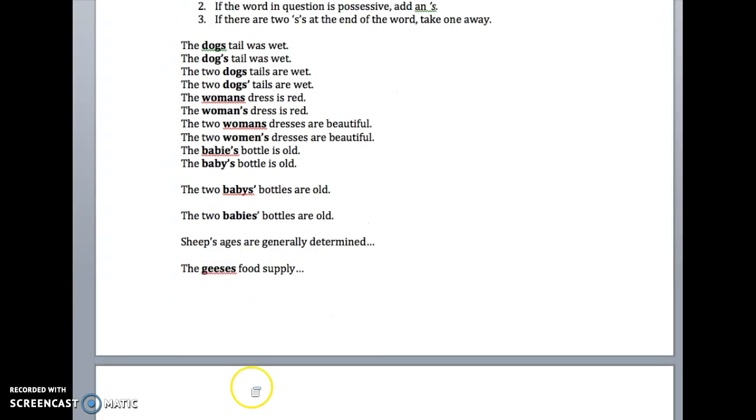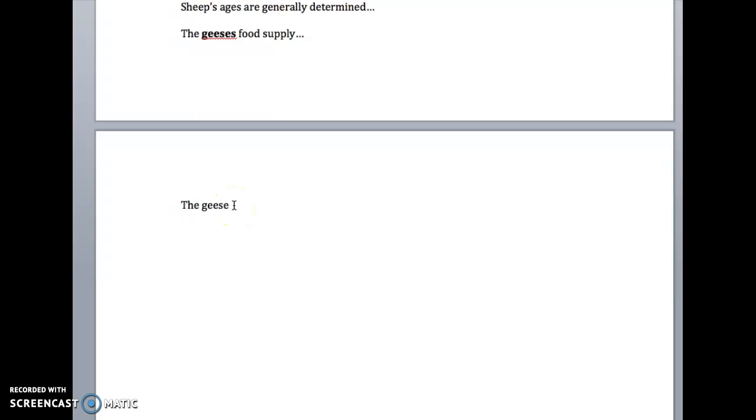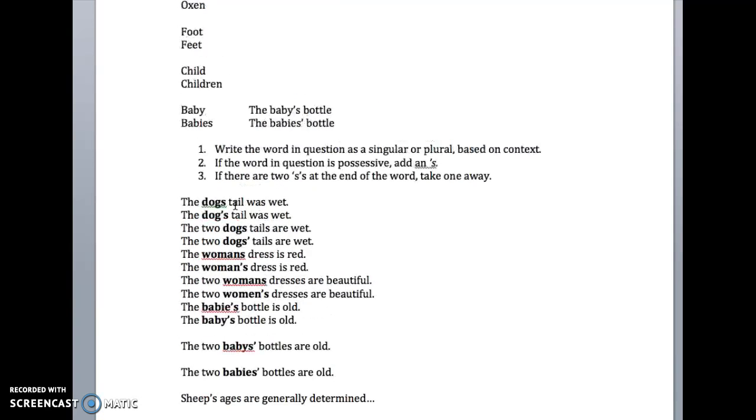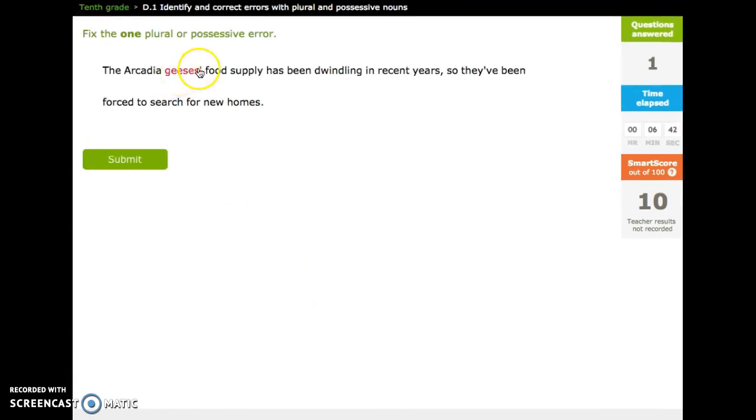So let's just write it like it's supposed to be, because that's step one. Write the word as a singular or plural based on context. Now if it's possessive, add apostrophe s. And then if there are two s's, take it away. And there are not. So that should be it.